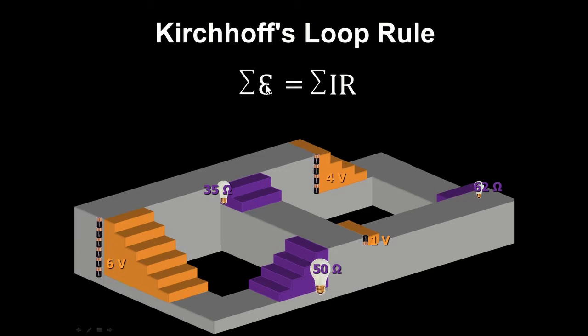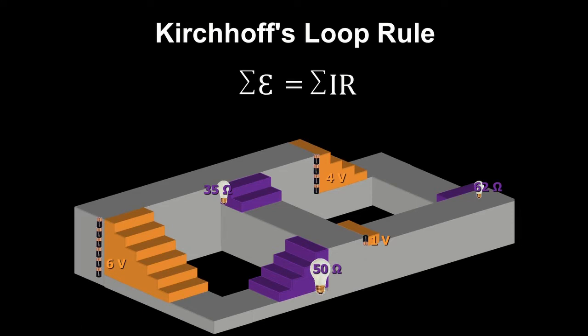This is the Greek letter epsilon, and it stands for electromotive force. That's what the batteries do. They push on these charges. And electromotive force is measured in volts. And if there's an electromotive force of 6 volts, it would cause a difference in potential of 6 volts.